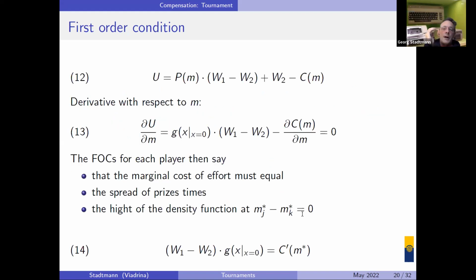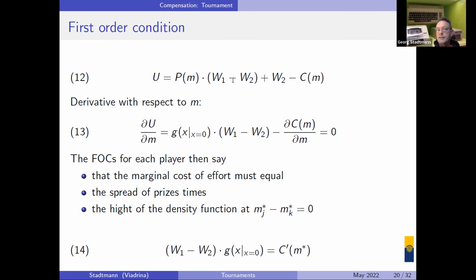Let's think about the utility function once more. The utility function is given by equation number 12. So utility is given by the probability of winning, P(m), times W1 minus W2, the staggering of prize money, plus W2, minus the cost of exerting effort. What we can see here already is that to some extent the purse, the sum of the prize money, will not be important.